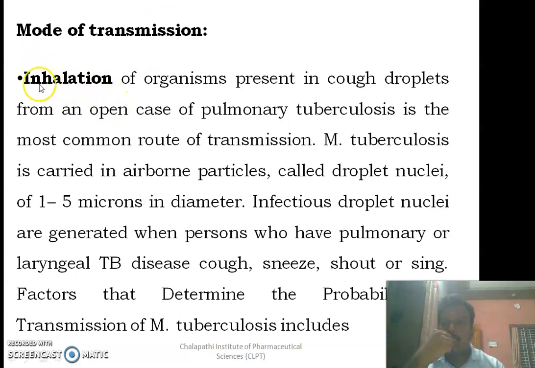Whenever an individual suffering from tuberculosis coughs or sneezes, the cough droplets contain Mycobacterium tuberculosis, so it gets released into the environment, and those who inhale these droplets will also develop tuberculosis.